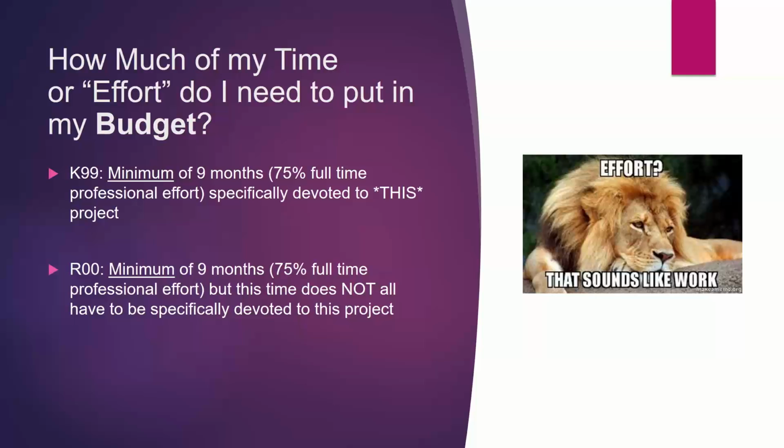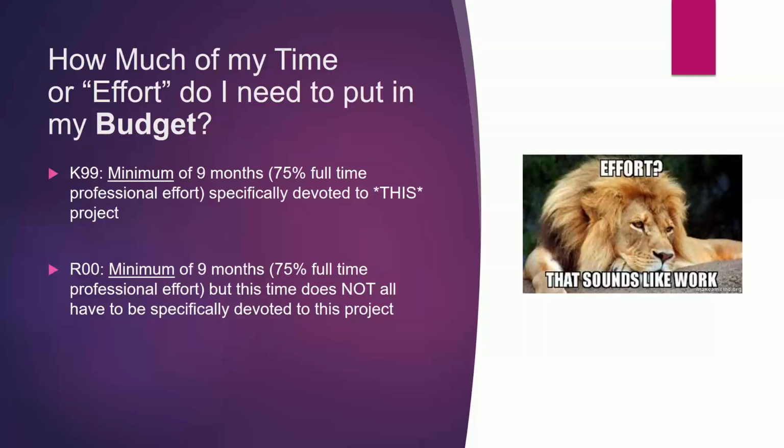For my R00, I have to designate a minimum of 9 months, again 75% full-time professional effort, but this time it does not all have to be specifically devoted to this project. So for my R00 phase, I was working on becoming an assistant professor somewhere and setting up my EEG lab.